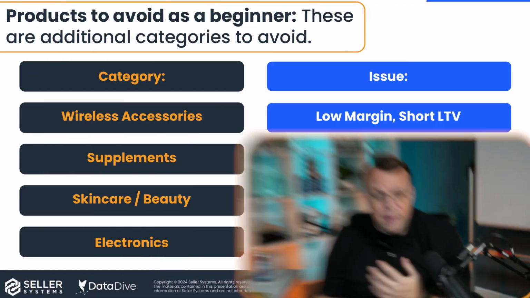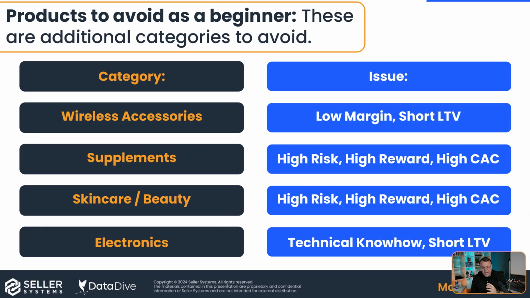So you have to understand what is going to be required to sell certain types of products and who you're going up against. So I've made a small list here of some categories that I would probably avoid if you were just starting out, because the learning curve on Amazon is hard enough as it is.